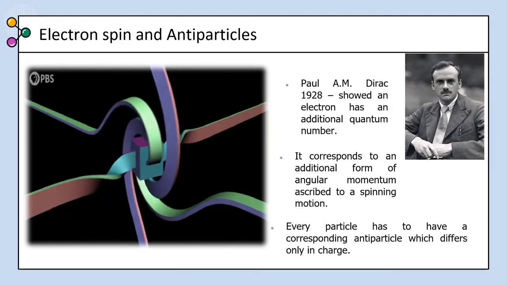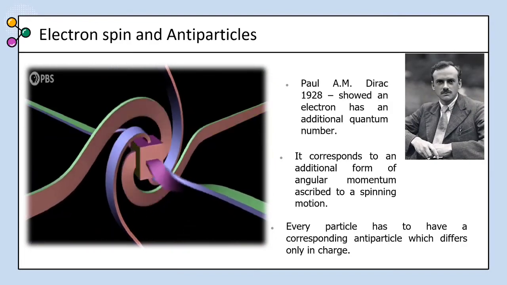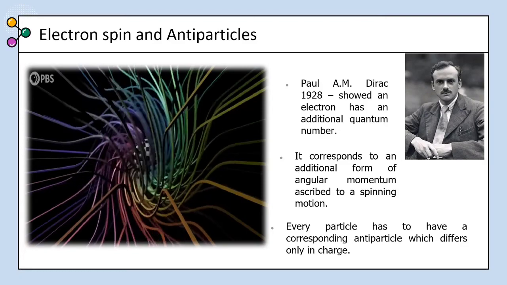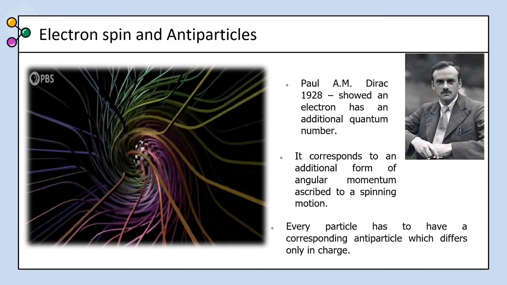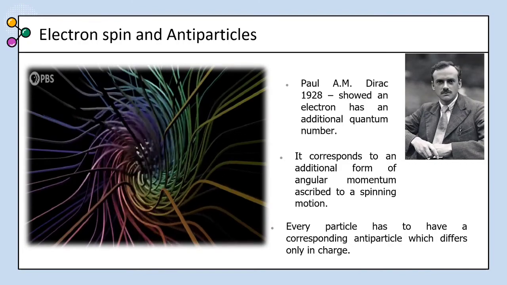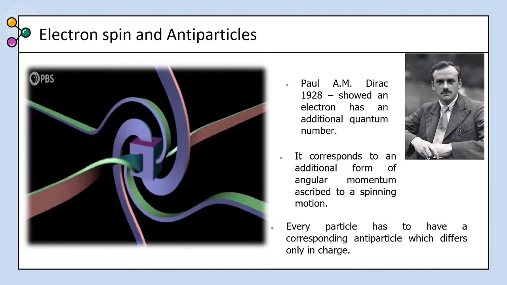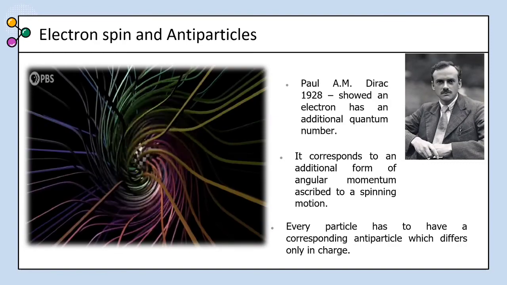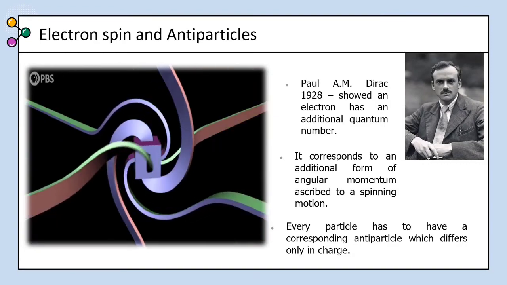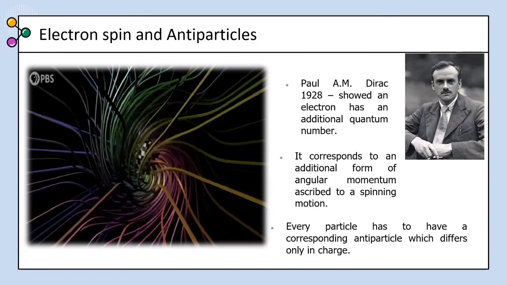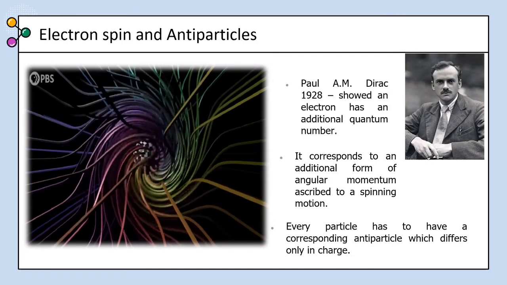The electron spin hypothesis not only provided an explanation for the observed magnetic moment, but also accounted for many other effects in atomic spectroscopy. Every particle described by the Dirac equation has to have a corresponding antiparticle, which differs only in charge.